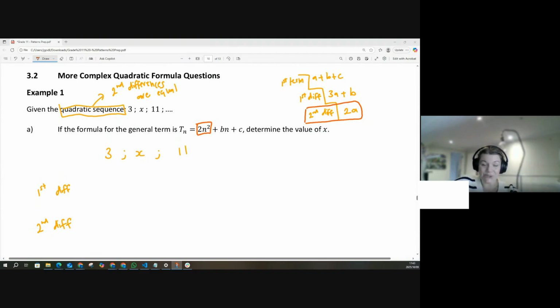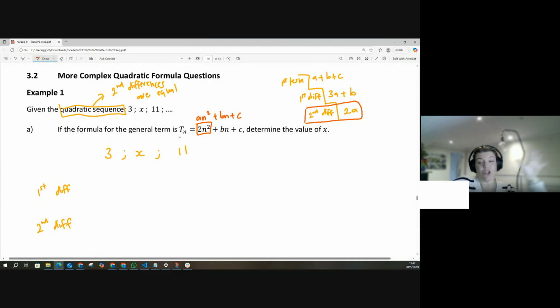Before I do anything with my first differences and second differences, I want us to have a look at this dude over here. Now, remember that this formula is an squared plus bn plus c.